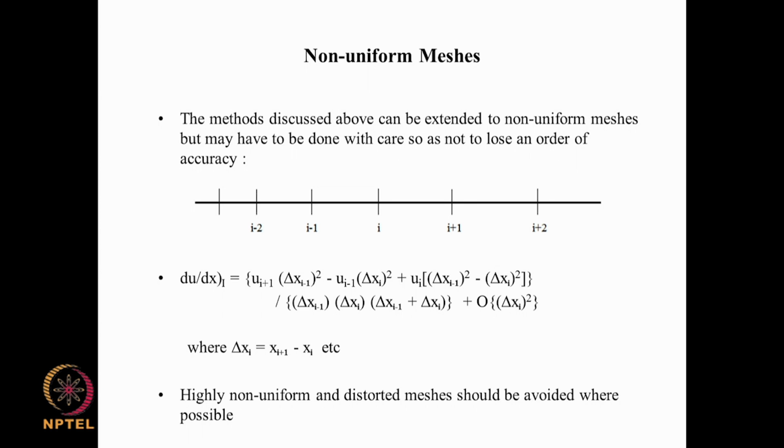But we would like to make a point that highly non-uniform and distorted meshes should be avoided where possible, because this expression here is formally second order accurate, but let us say that delta xi is much greater than delta xi minus 1, okay.